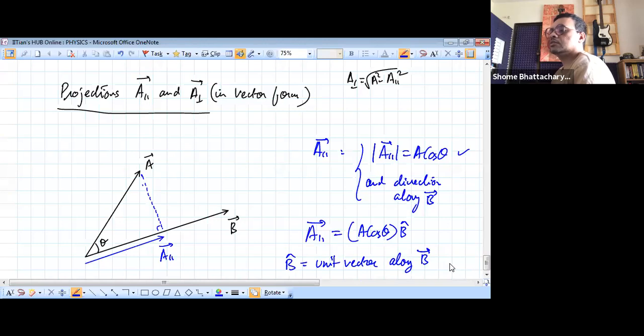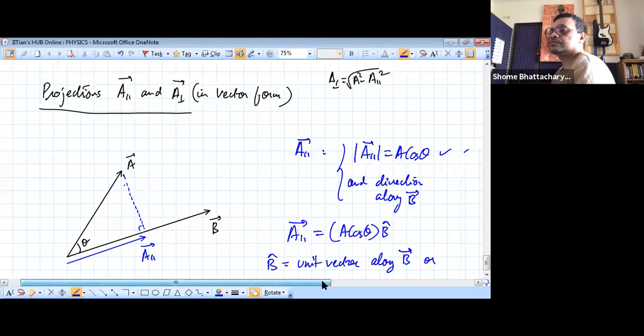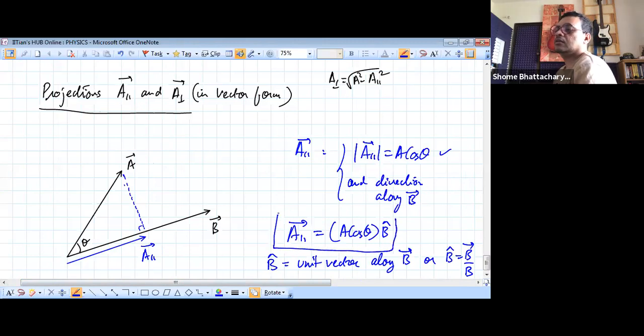Or in other words, B cap is the vector B divided by its own magnitude. Okay. So this is the method that we use to find the parallel component in unit vector notation. Okay, just make a note of this formula first. Then we'll see the perpendicular component also.